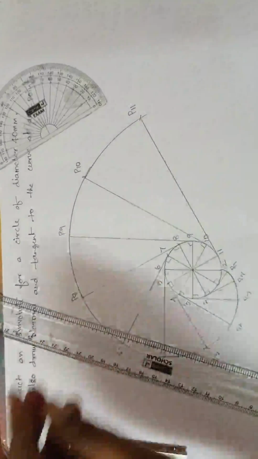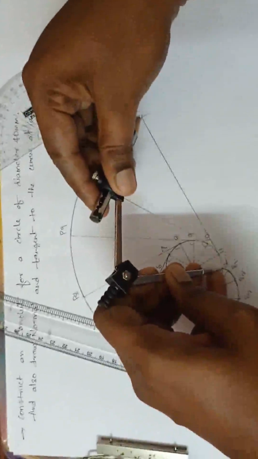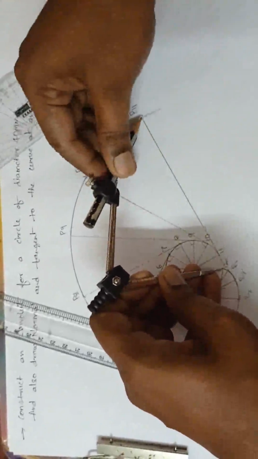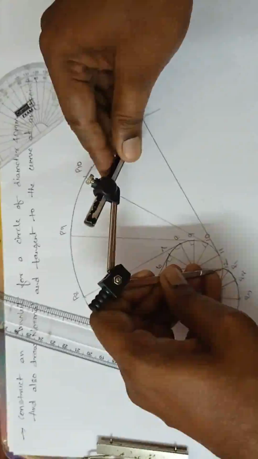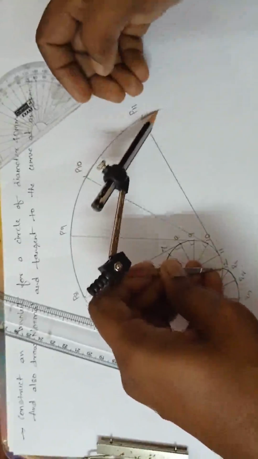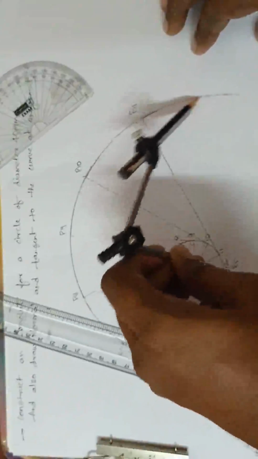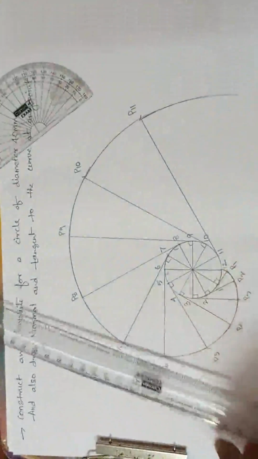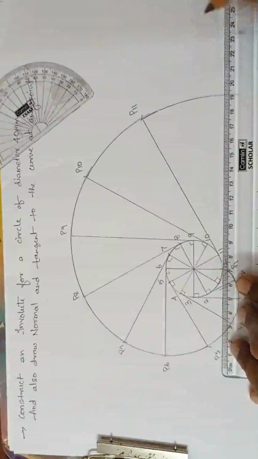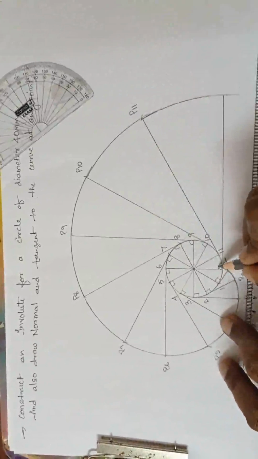Next, what to do? Take a radius from 12 to P11 to get P12. I'll adjust this one, so from here I can draw like this. Done. Now from the 12th point, I am drawing this line such that it is also 90 degrees.